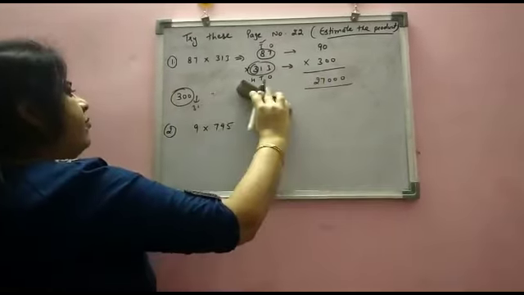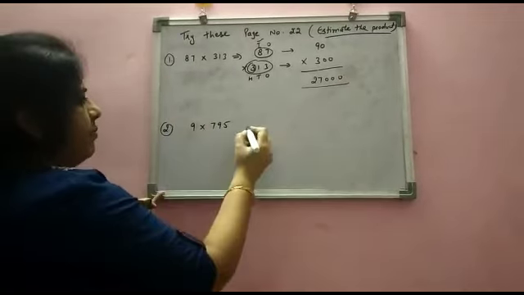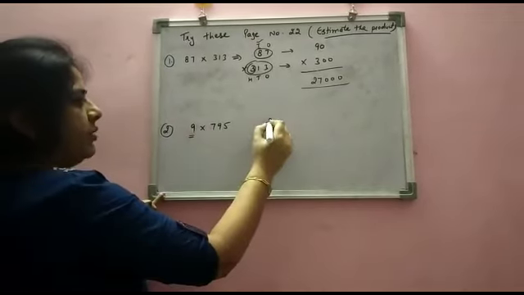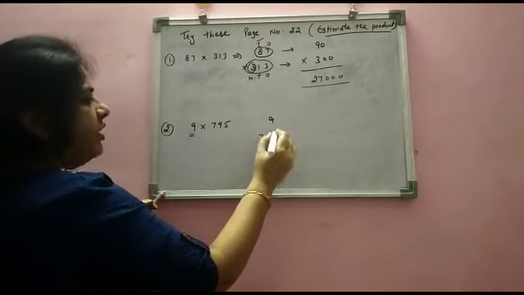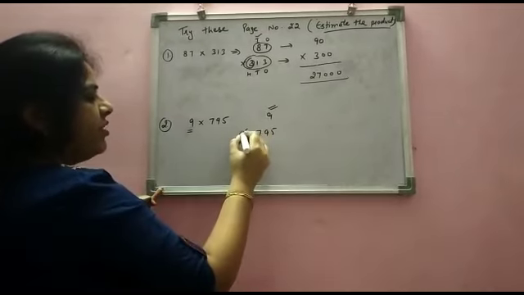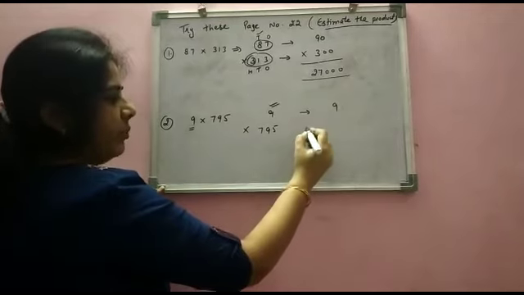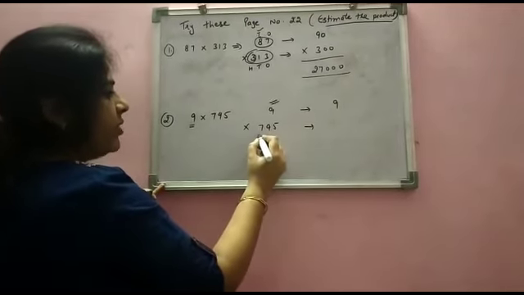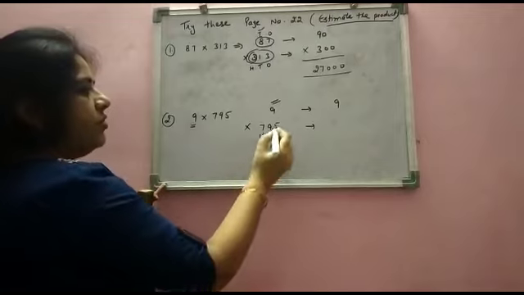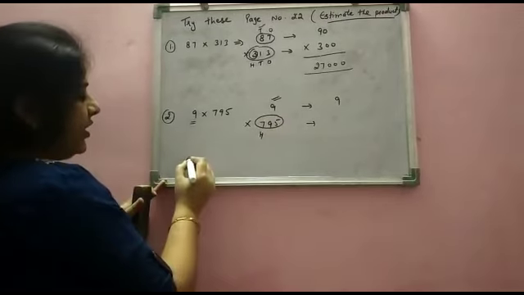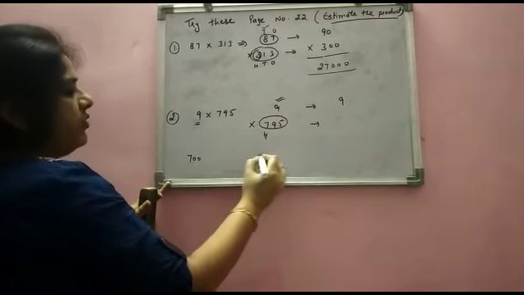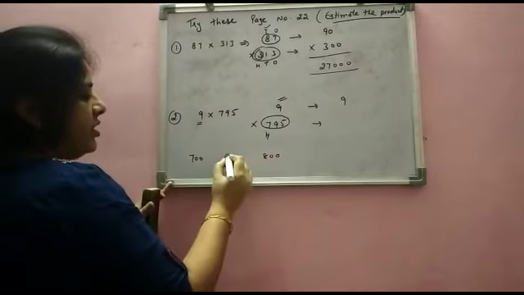In the same way, we will do the next example. First number is 9, multiplied with 795. Single digit number will never be estimated. So it will remain the same. Second number, maximum place is 100. So it will be estimated to the 100 place. This number lies between 700 and 800.